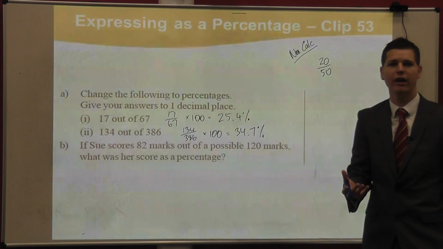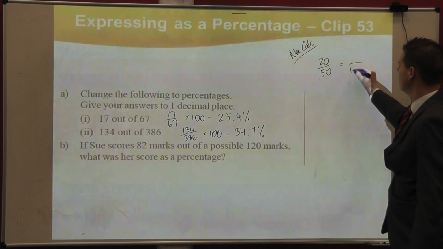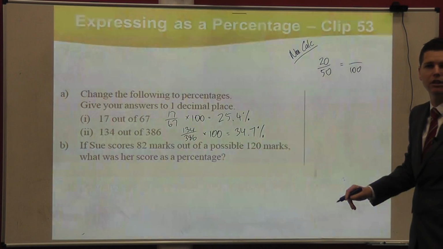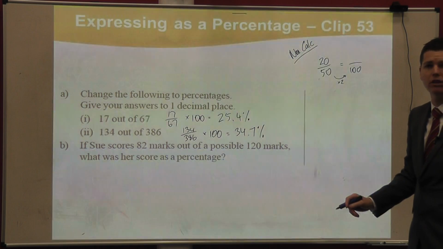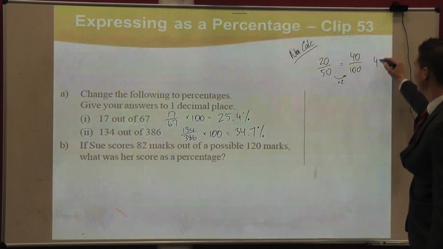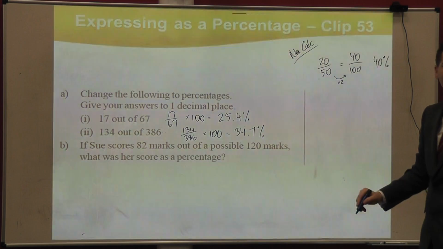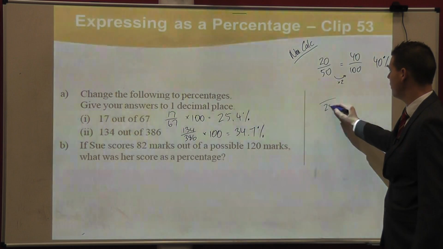So I've got a score of 20 out of 50. How do I convert that into a percentage? Well, I want it per 100. So you can see there, all I've done is I've doubled it, times it by 2. So I do the same to the top, which is 40%. 40 per 100. And I can do that for all of them. So I could do the same with, if I have, say for instance, I had 25.